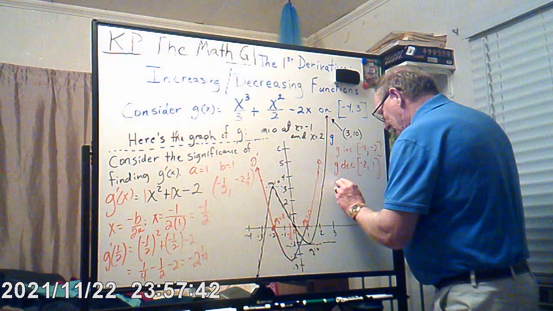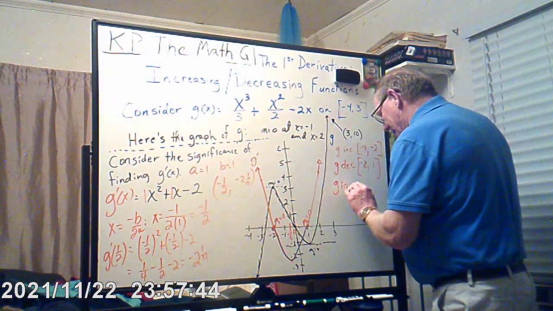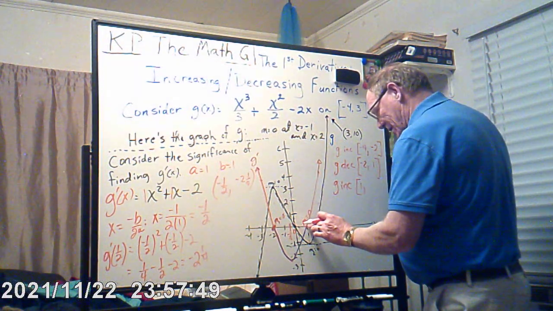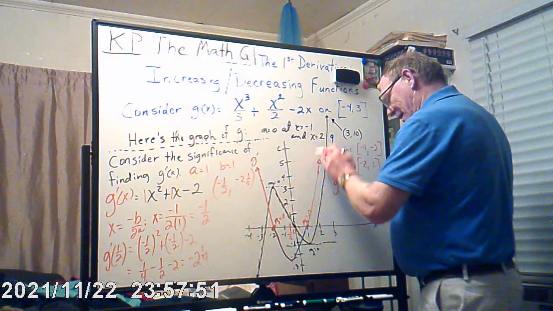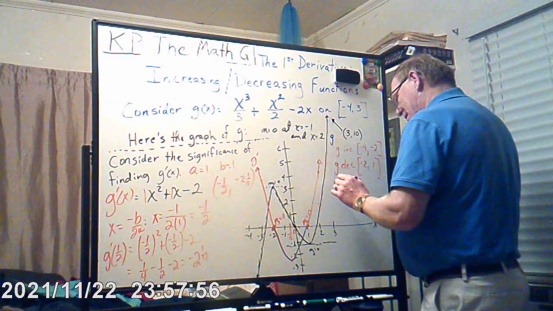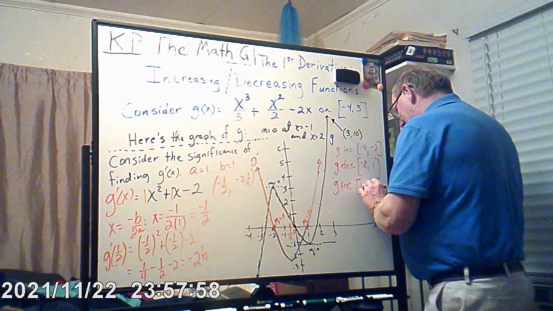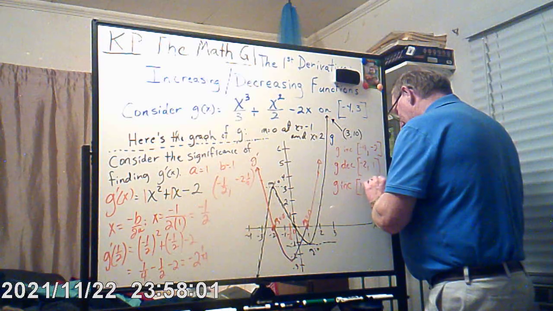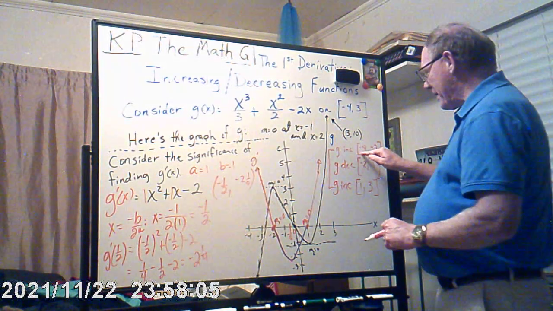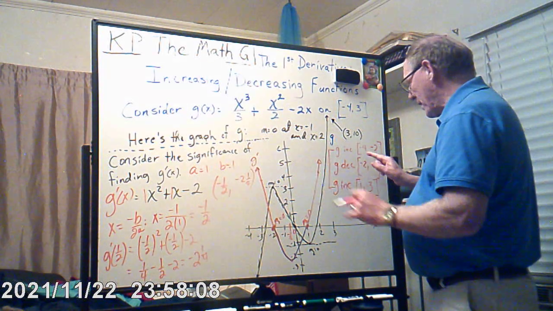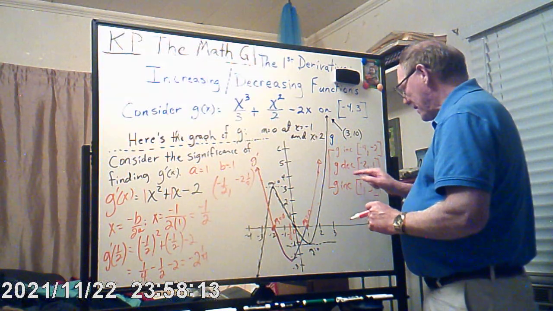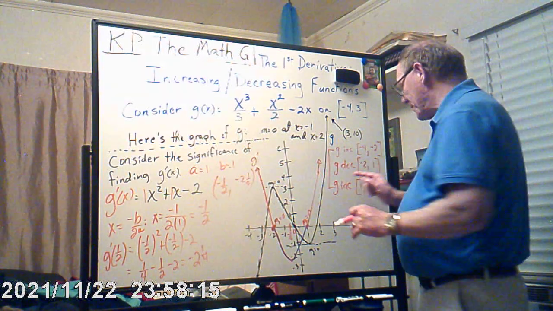And also G is increasing from 1. See, this is where the slope is 0, and above the x-axis all the way to 3. This does eventually go there, all the way to 3. All right, like that. So G is increasing on the interval from -4 to -2, increasing from 1 to 3, decreasing from -2 to 1.